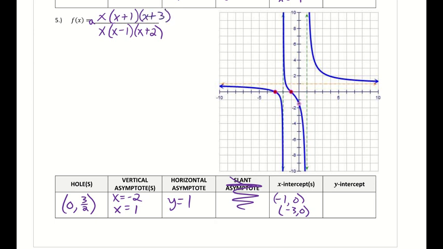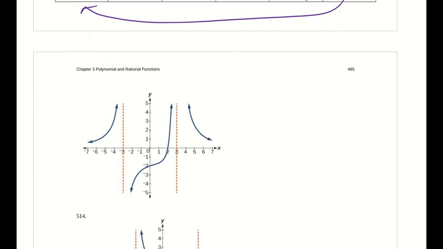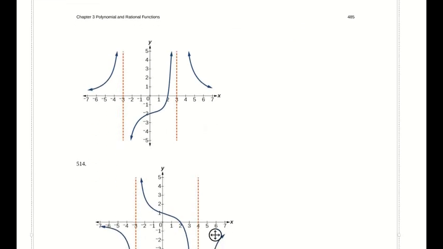Now, if we multiplied these out, well, because we have no y-intercept, because that's where our removable discontinuity is. So if we multiplied all these out, we'd end up with a 1x cubed divided by a 1x cubed, so a is going to be 1. So this is going to be this function. Now, if we take a look at some that we might have to find an a value for.